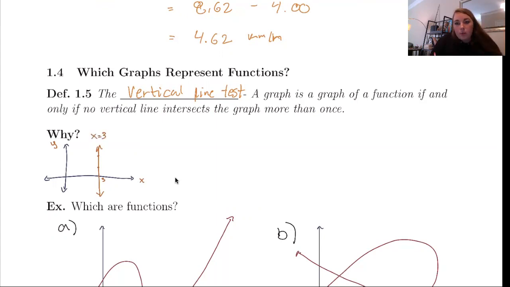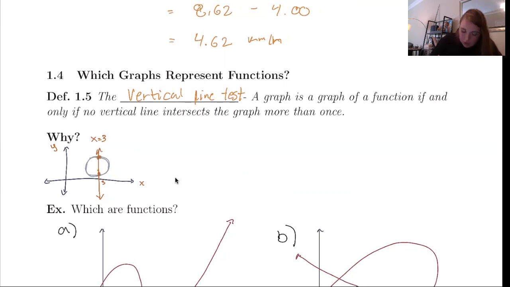So if the graph were to intersect this twice, like even just that circle. This circle, that's my function. It's actually not a function. That's my relation. There we go. We can see that it intersects here and here. So that means 2 x values would give me 2 y values, aka 2 outputs, right?